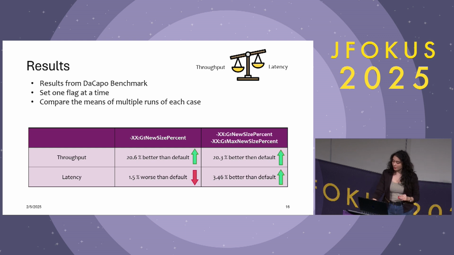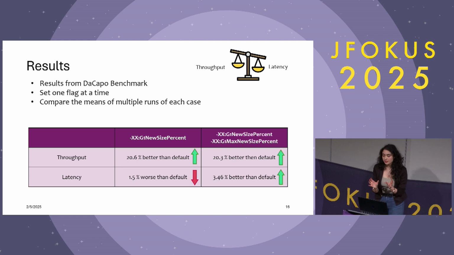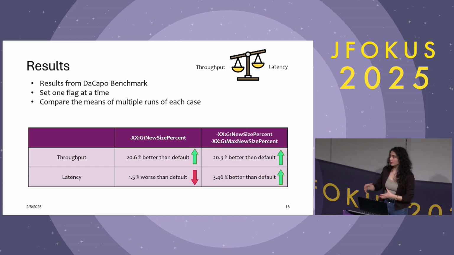And we managed to have 3.46% better latency. If you remember, our goal was to control the latency with the second flag without affecting the improved throughput much. And this is very promising. Maybe one can achieve that much improvement for all other Java applications, or even better.